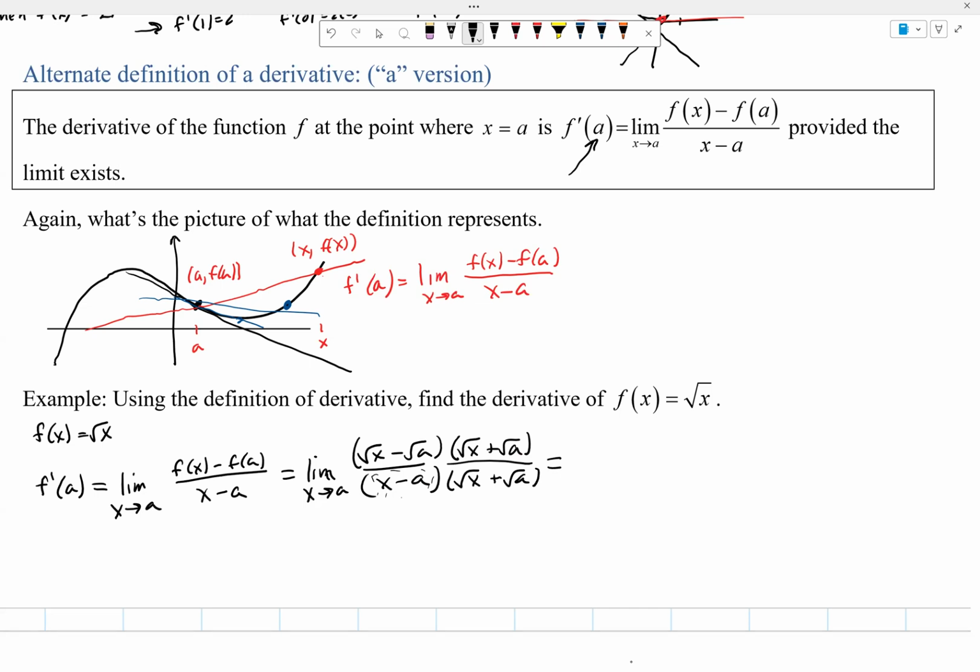When I multiply out the top, I get square root of x times the square root of x, which is x, square root of x times the square root of a, which is the square root of ax, negative square root of a times x, which is negative square root of ax, and then minus a. Now on the bottom, I'm just going to leave this just the way we wrote it in the previous step.